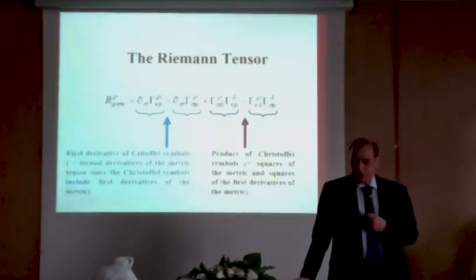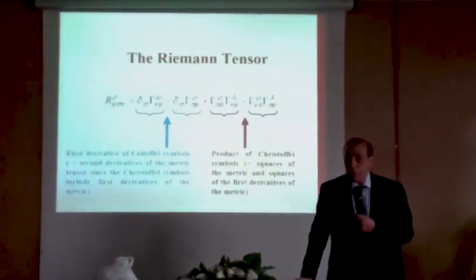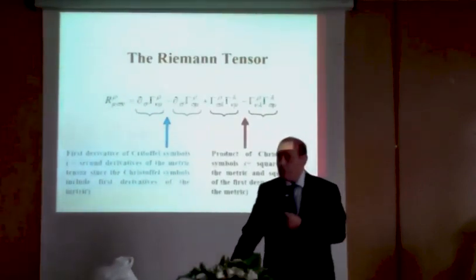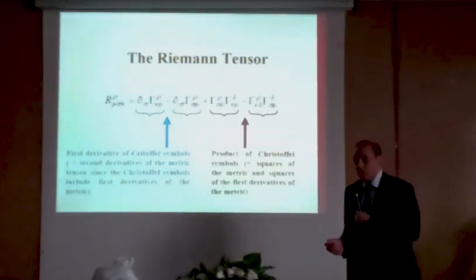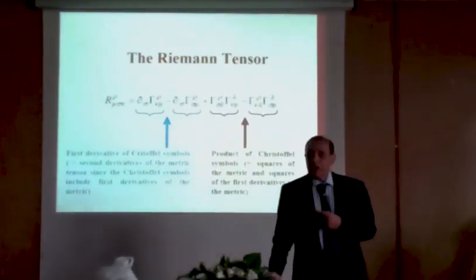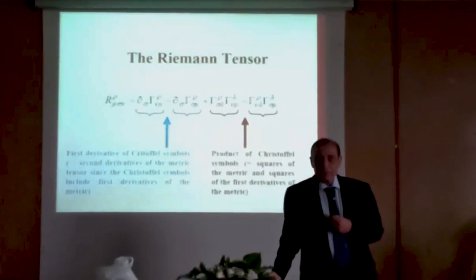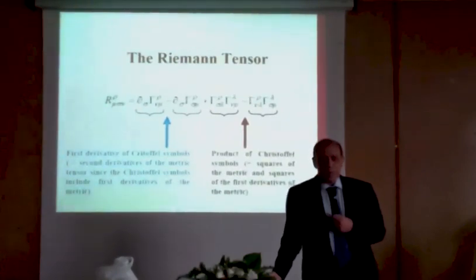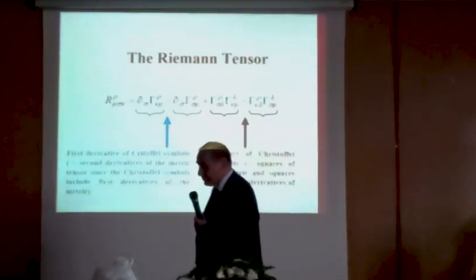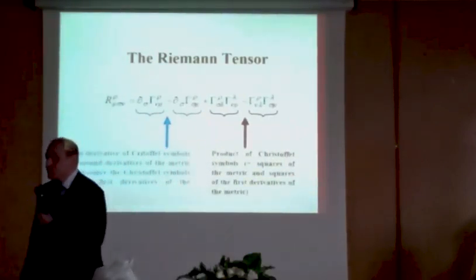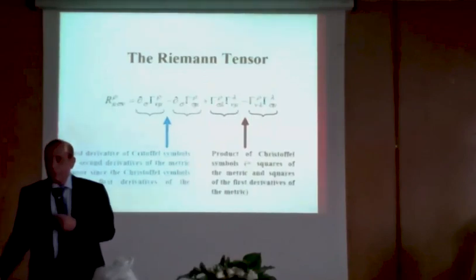Gauss later became a great mathematician, and he had students. One of the most distinguished students of Gauss is Riemann. What did Riemann do? He created a new branch of mathematics called Riemannian geometry.